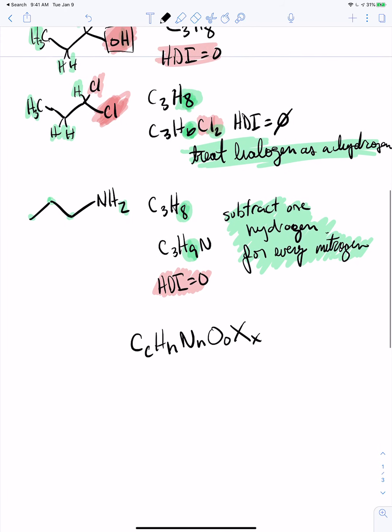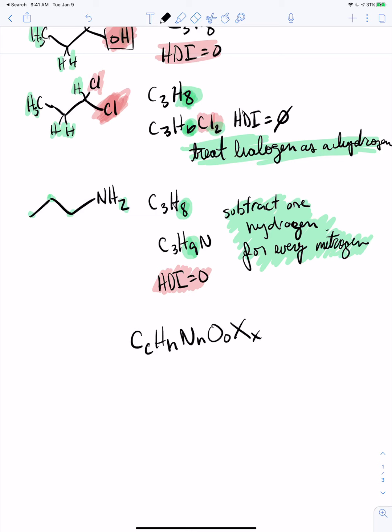Then we could apply any formula to it, where the hydrogen deficiency index is equal to 1/2 times 2 times the subscript of C, plus 2 minus H minus X plus N, where N is the number of nitrogens. You'll notice this is what we deduced earlier.